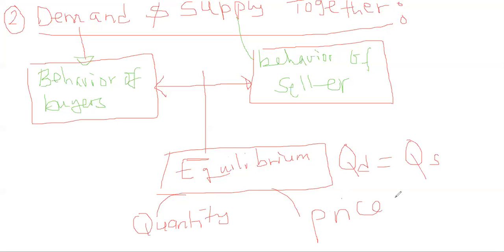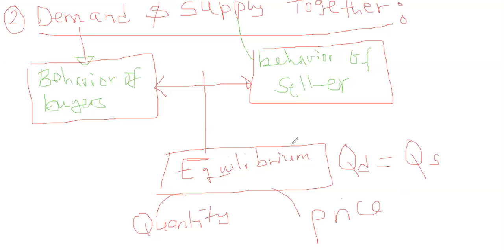Buyers interact with sellers, and when this interaction reaches a point where both of them are happy, we call it the equilibrium point. At this equilibrium point, the demand should be equal to supply. And at this equilibrium price, each participant in the market is fully satisfied, as long as they have the willingness and ability to buy and sell.